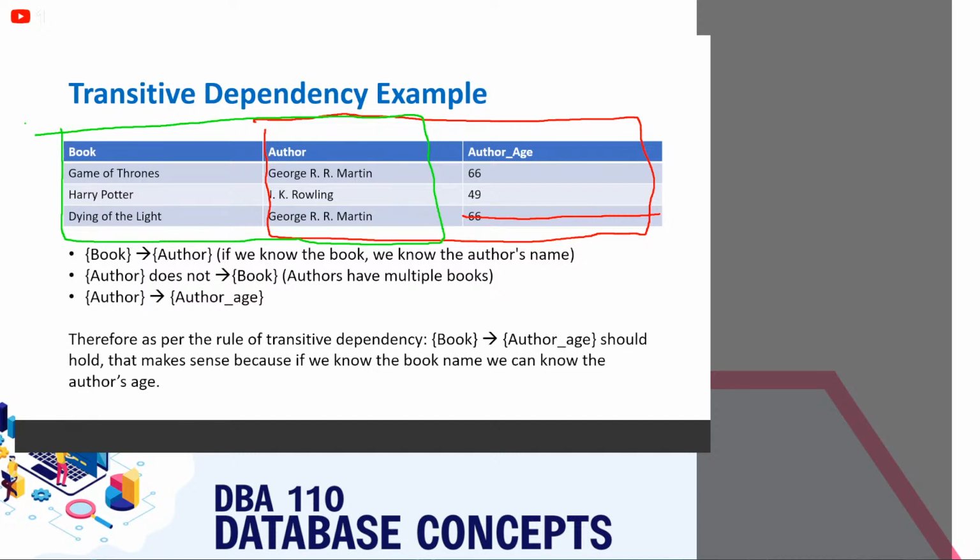Select author age from author info, join book info on author info dot author equals book info dot author, where book equals Game of Thrones, and you get back 66. Right, and that gets us to where we want to go.